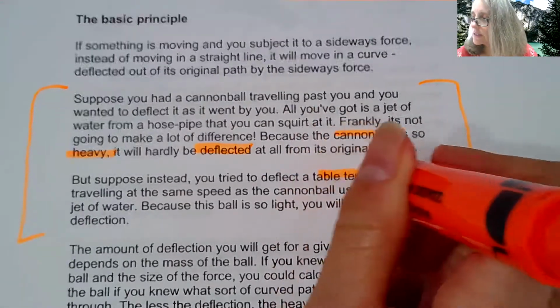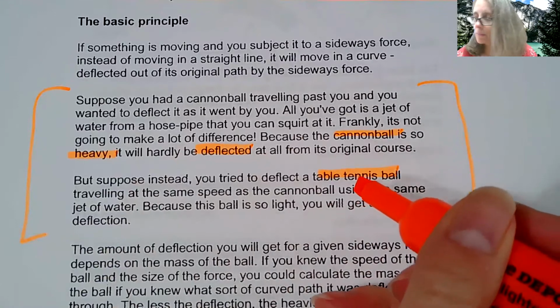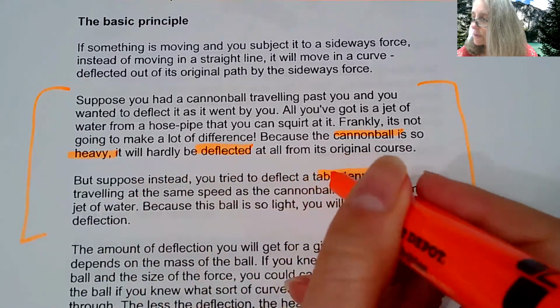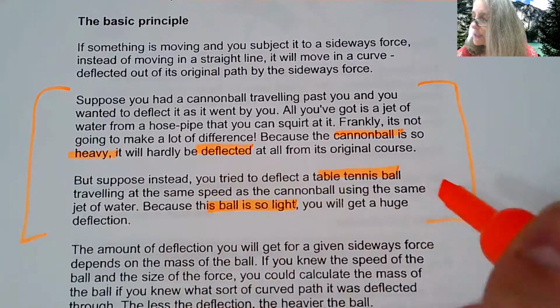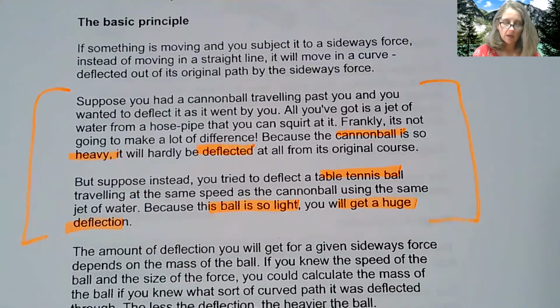But the tennis ball, or table tennis ball, a ping pong ball, because it is so light, is going to have what we call a huge deflection. So this idea of the mass of the atom is going to dictate how it behaves in this kind of environment.